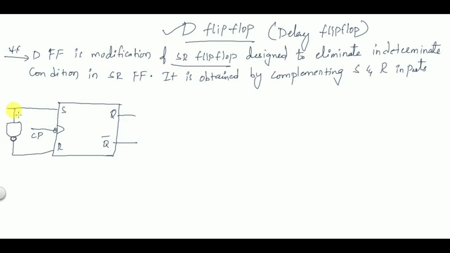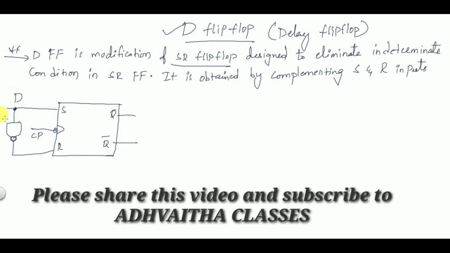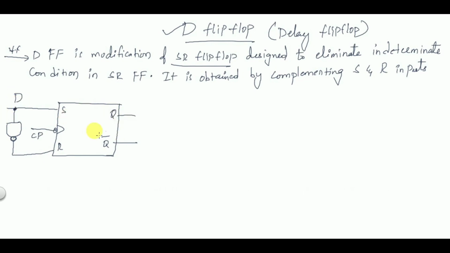Like this. So this input is the D input. Now this SR flip-flop will act as a D flip-flop. A single input NAND gate acts as a NOT gate.